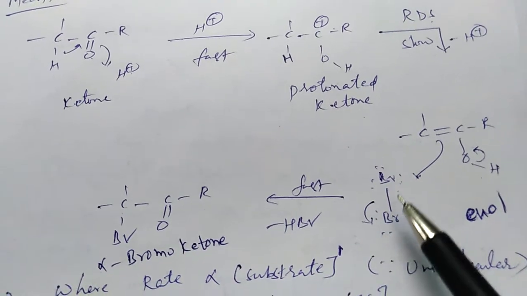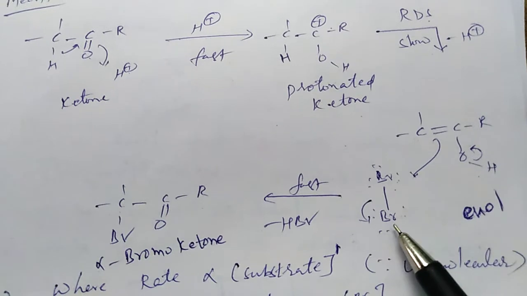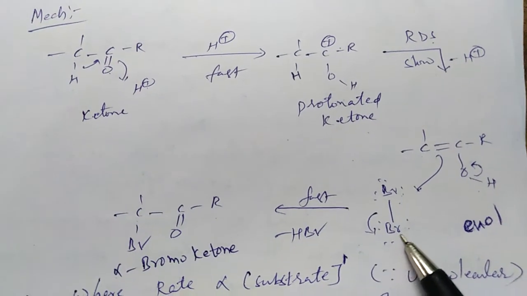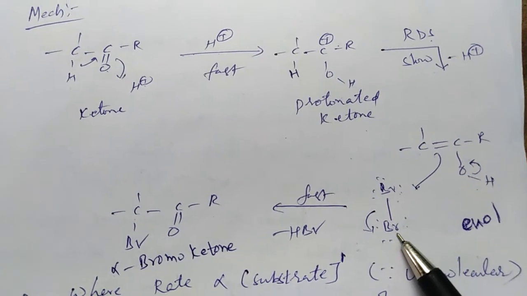It means one bromine having positive charge and another bromine having negative charge.